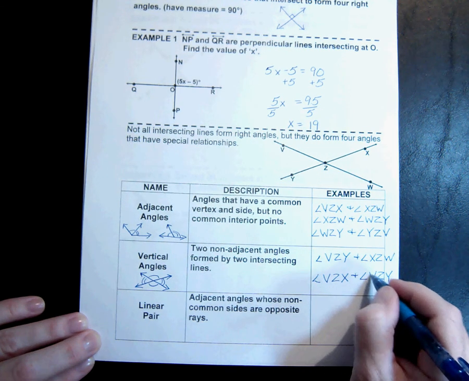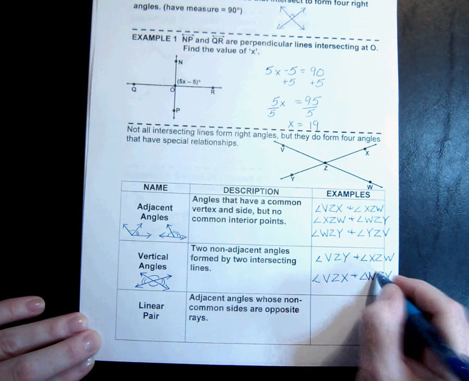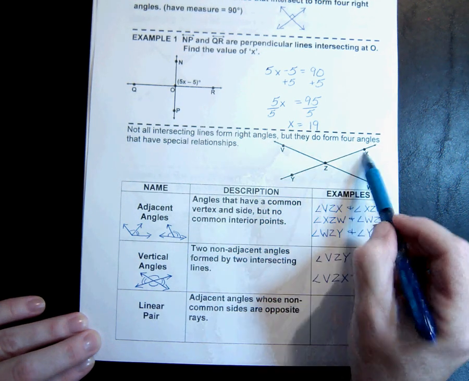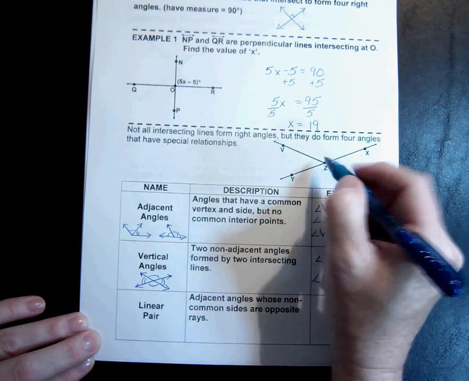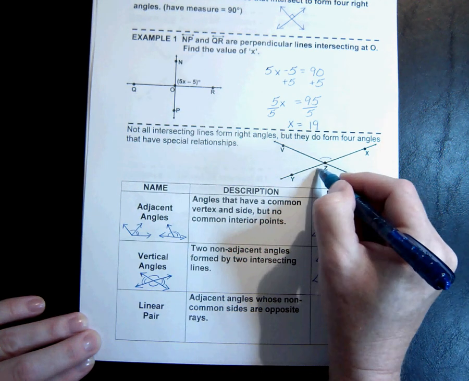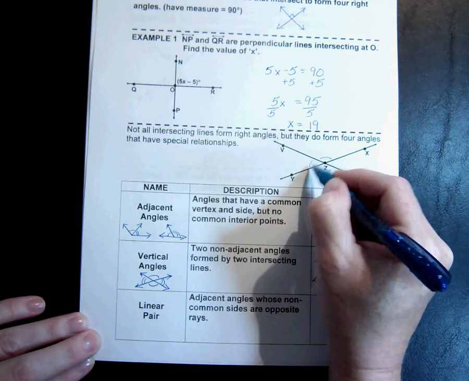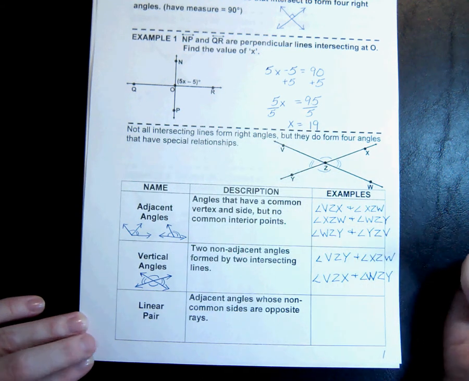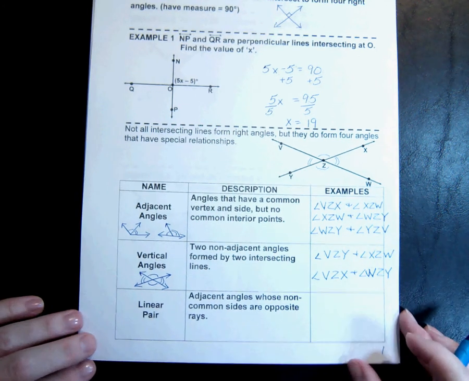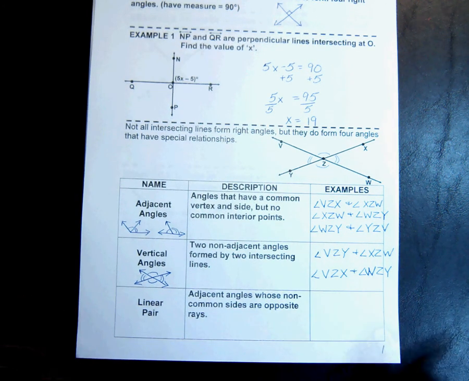Sorry, make this say W. VZX and WZY. So if you want to note them on here, we can actually draw them. This and this are congruent, and this one are congruent. Vertical angles. Okay, the last one, a linear pair: adjacent angles whose non-common sides are opposite rays.